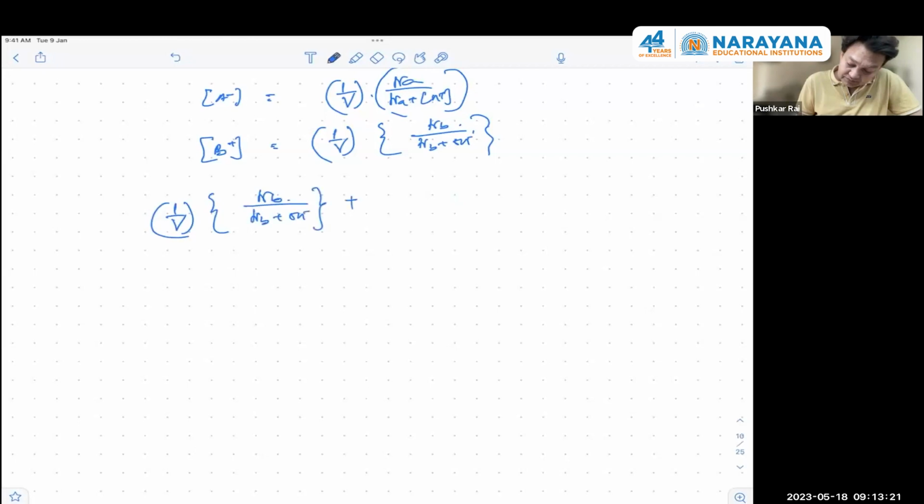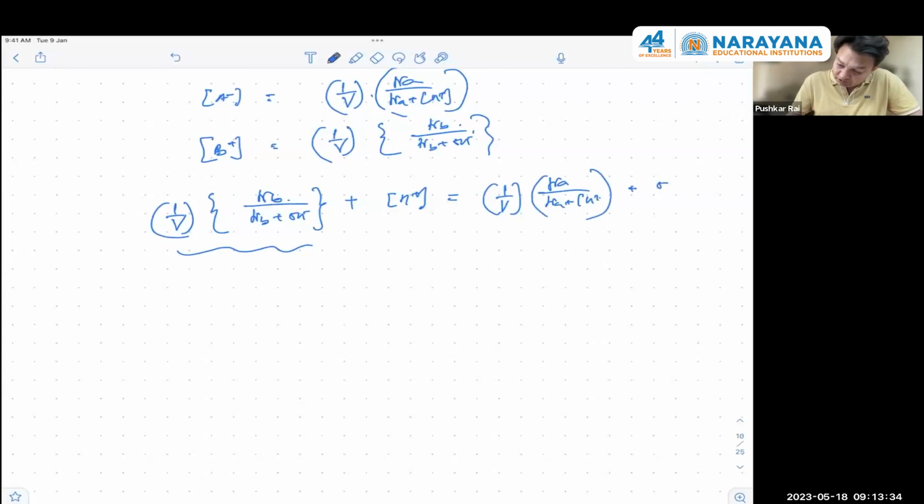And B positive plus H positive, which you already know, is equal to A negative, which is 1 by V into Ka divided by Ka plus H plus, and plus OH negative.